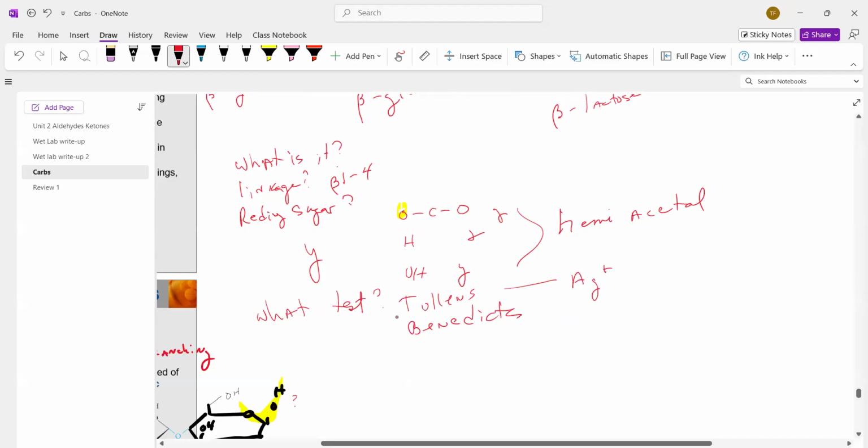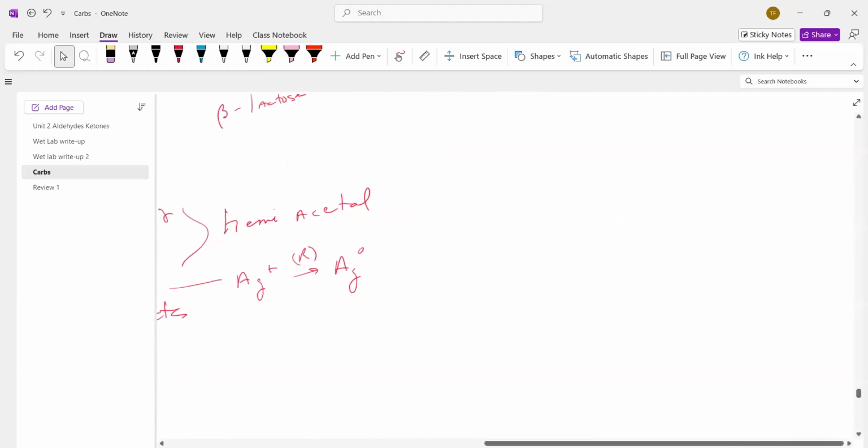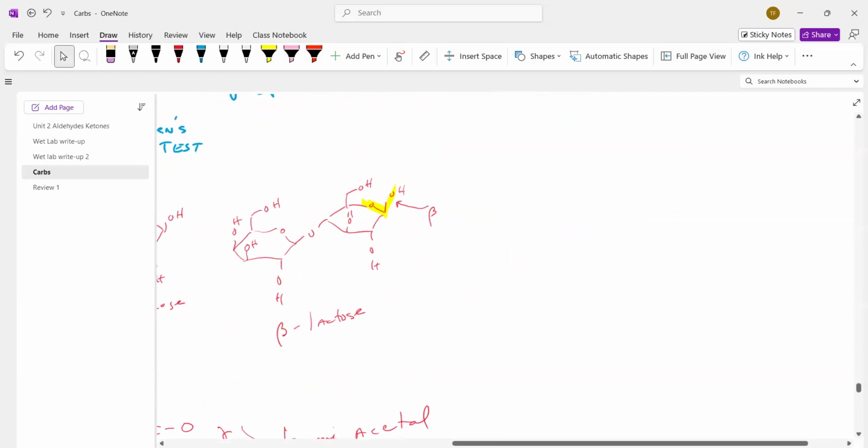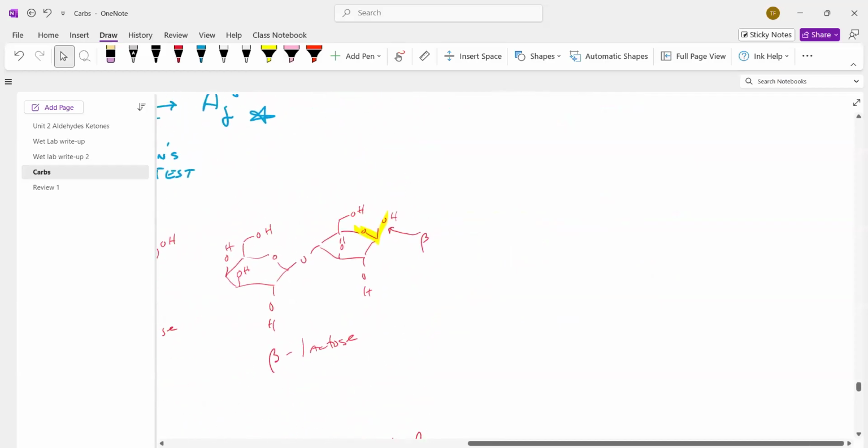Tollens is silver cation going to metallic silver. And then the exposed aldehyde from the hemiacetal is going to be oxidized to the acid salt. So we're going to start with our lactose, and it's going to open up right along the hemiacetal there.